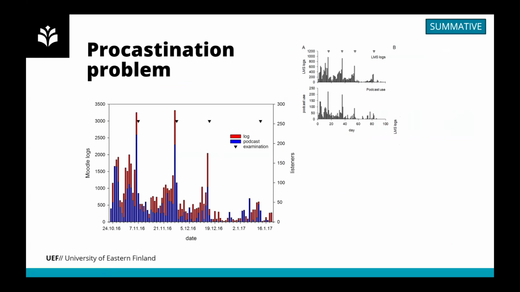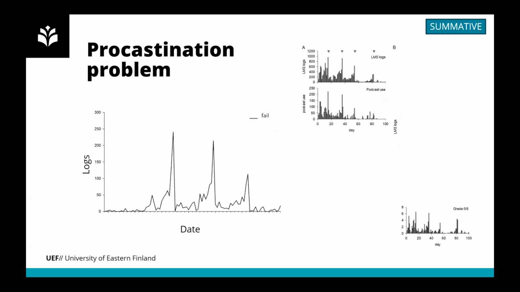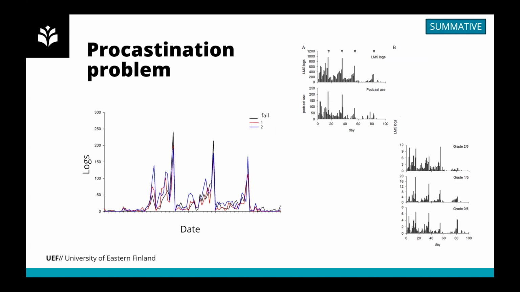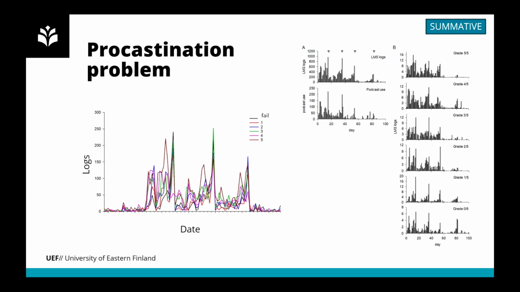There is a very high activity just on the last night. It's of course affecting whether Moodle can keep going and not crash, but it's also caused by bulimia pedagogy. So we have students who are active only on the last night, and they are the ones that are failing, and this is the only way we can detect them, by checking how many days they've been active. If they are getting 50%, 60%, 70, 80, 90% of the maximum points, then the activity is happening at a more steady pace.